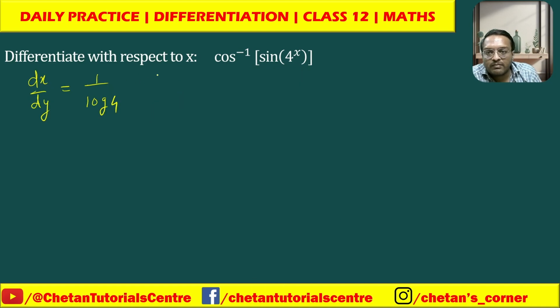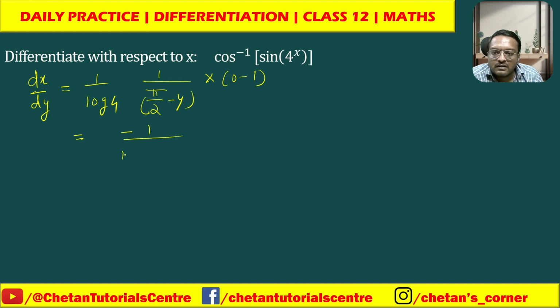So the derivative of log of pi by 2 minus y is 1 upon pi by 2 minus y multiplied by the derivative of this pi by 2 minus y. That is, the derivative of pi by 2 is 0 and the derivative of minus y is minus 1. Now on differentiating this, what I will get? Minus 1 upon log of 4 into pi by 2 minus y.